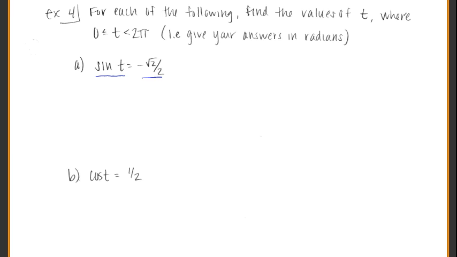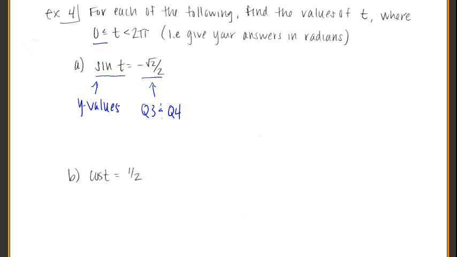Now remember, sine deals with my y values. So we could either go to that circle and figure out where my y values are along all those coordinates, the negative square root of 2 over 2, or we can narrow it down a little bit more. My y values are only going to be negative in quadrants 3 and 4.